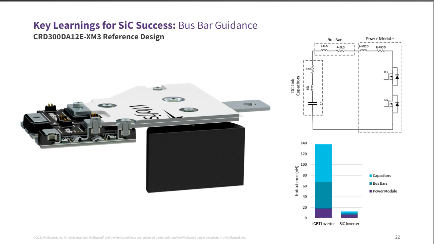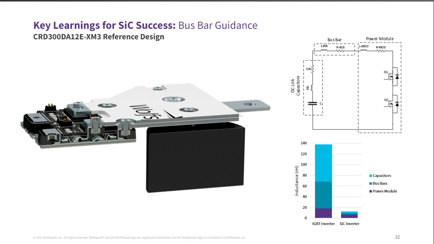So as you see in the schematic in the top right with the DC, looking at the overall commutation loop, we have a bunch of contributors to the overall parasitic loop inductance. So from the DC link capacitors that have an ESL, there's the inductance of the bus bar itself, and then of course the inductance of the power module.